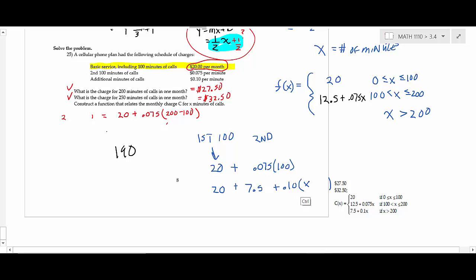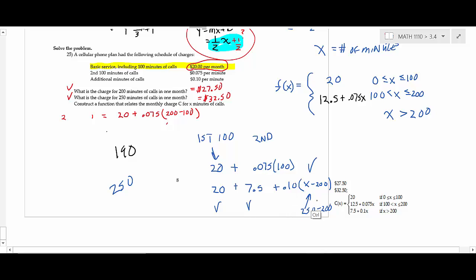So if I put x minus 200 there, let's see if that would work. That's your first 100. That's your second 100. Then this is the rest. Say for instance you had 250. That would be 250 minus 200, so 50 minutes of that would be billed at 10 cents. Does that make sense?